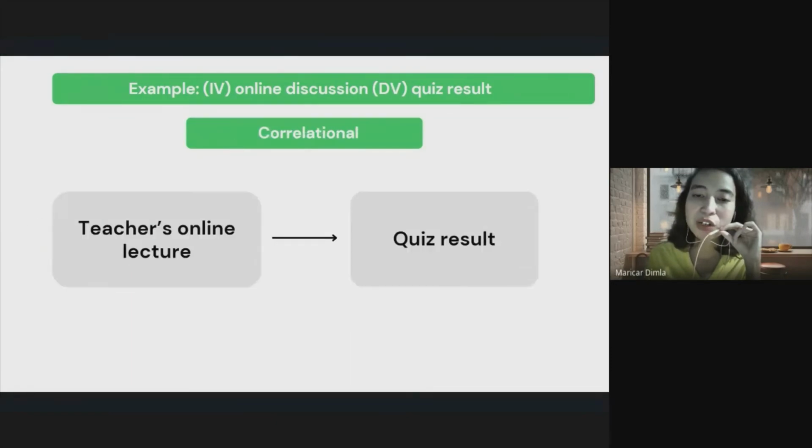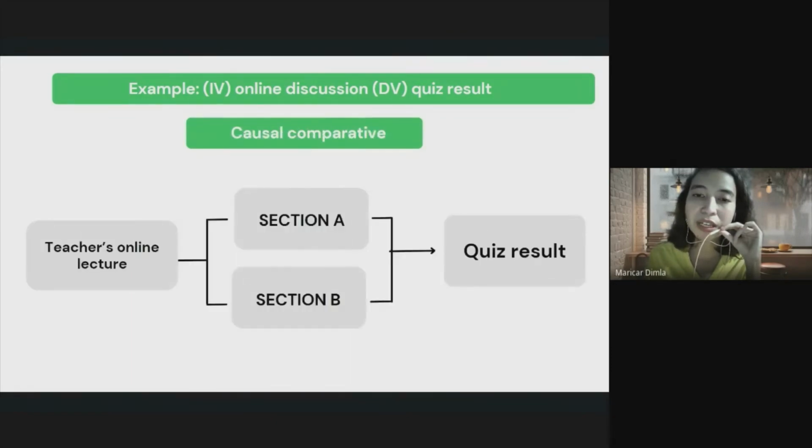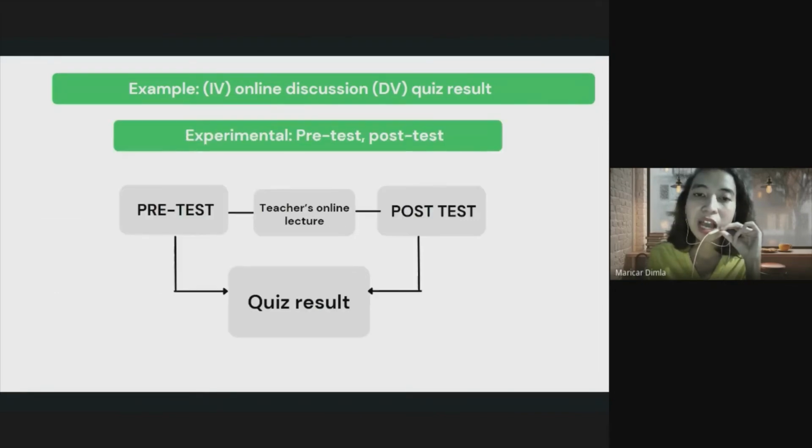Parang you're just simply observing what will be the outcome of the findings depending on the actions of the IV and your DV. Unlike in experimental pre-test and post-test, you provided some treatment, some intervention, specifically on your independent variable, and therefore the result or the dependent variable may be affected.